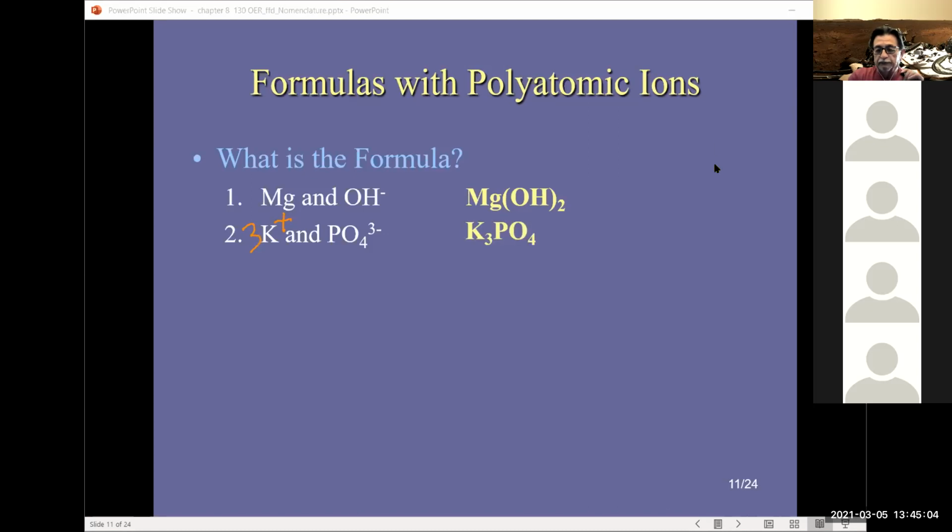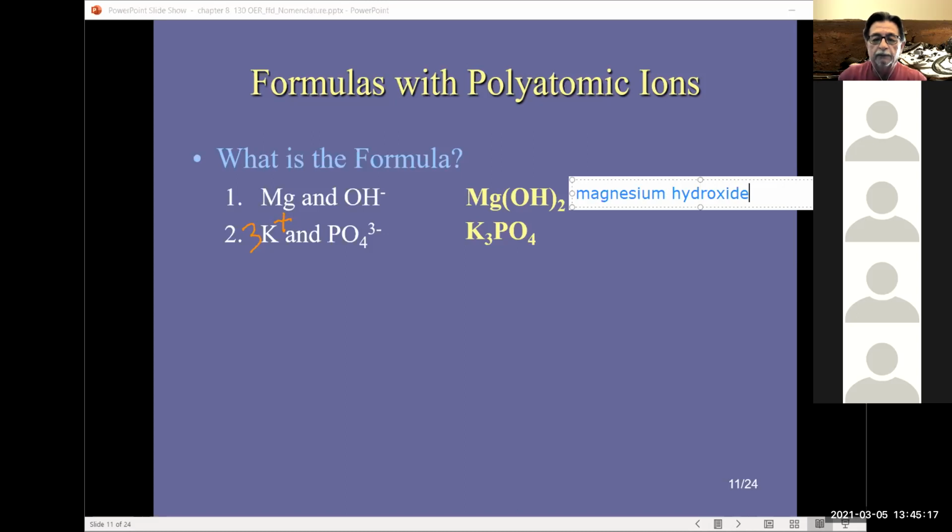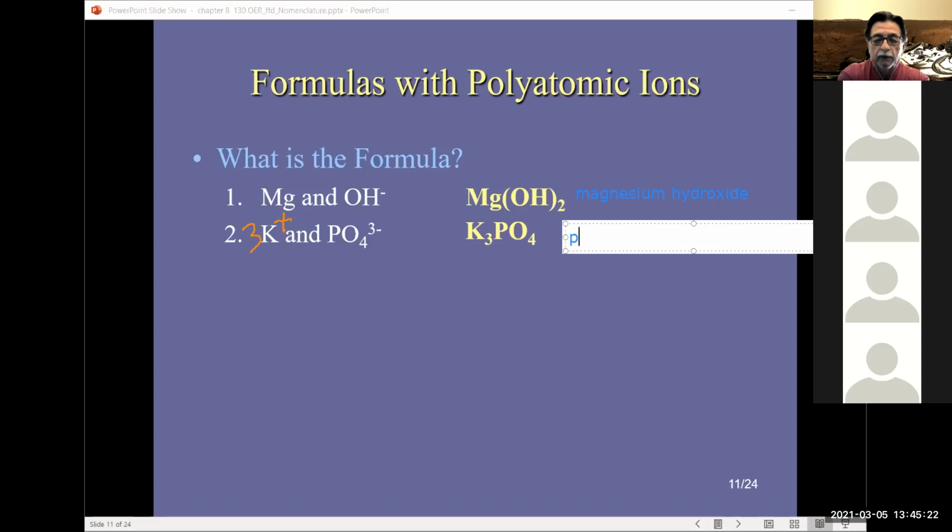So I have the formula there, okay? And so let me write the names here as we go along. I lost that magnesium. Magnesium hydroxide. Potassium phosphate.